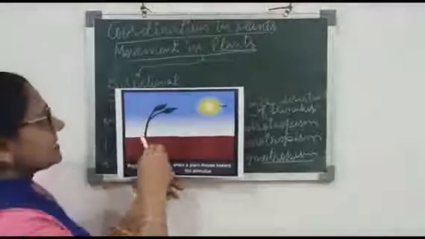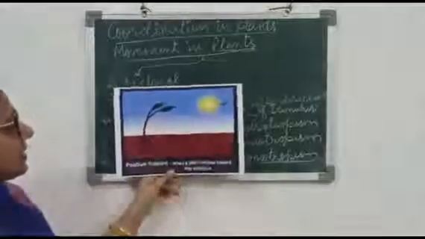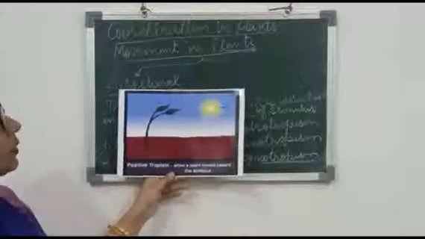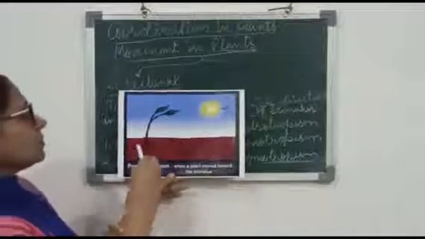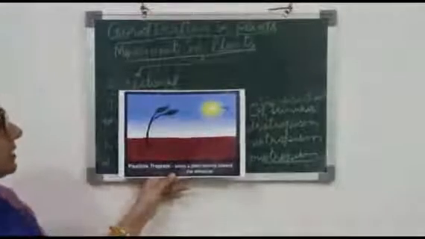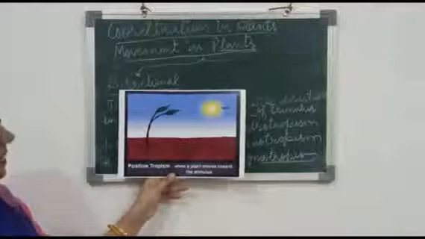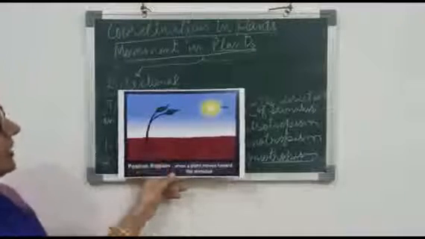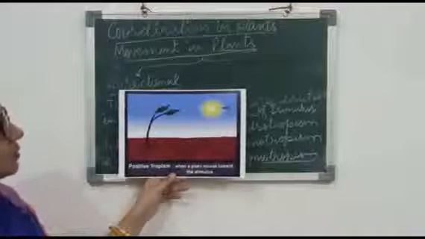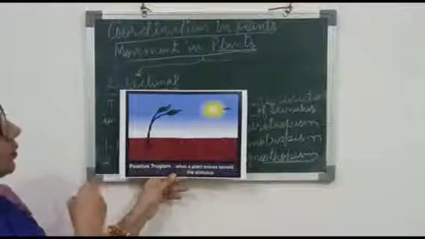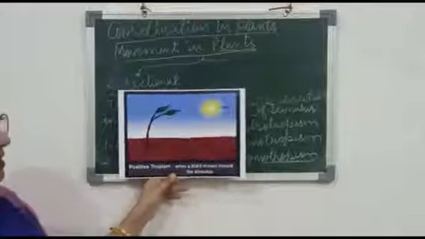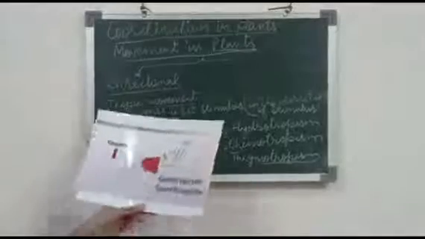And as it is bending towards the light, it means it is showing growth. So your stem is showing positive phototropism, while the roots are showing negative phototropism as they are growing away from the light.